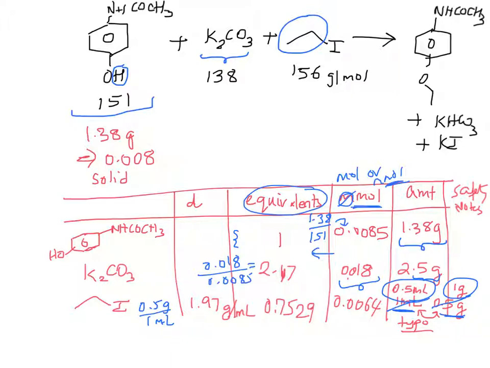So if you go with the 1 gram and you divide it by the 156 grams per mole, the value in terms of moles comes out to be 0.0064. And again, if you do the math for that, the equivalents come out to be 0.7529. Notice now that you have only about 0.7529 equivalents of the ethyl iodide for every 1 equivalent of the acetanilide.